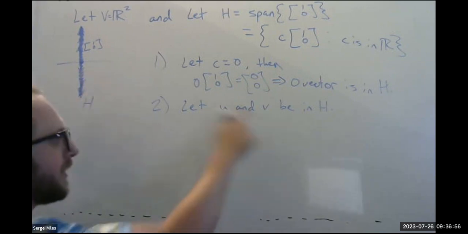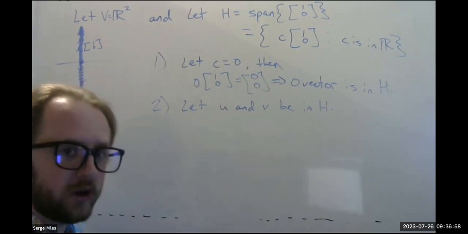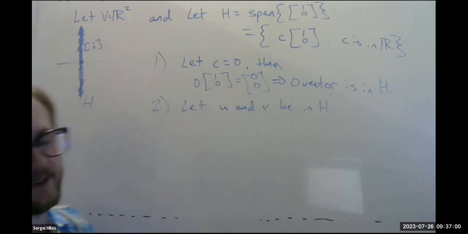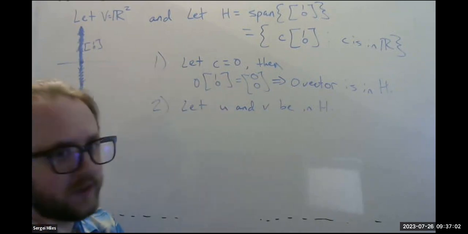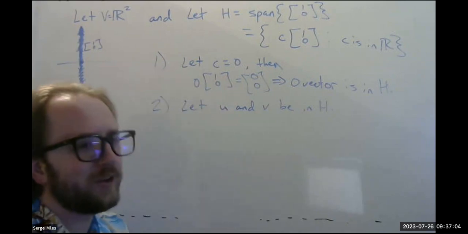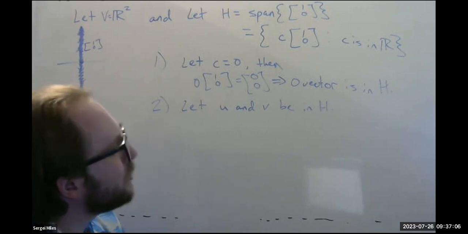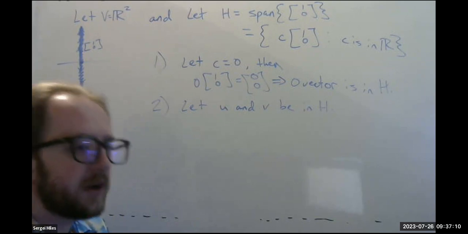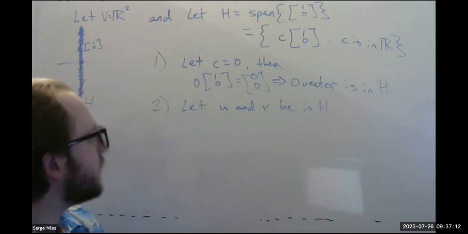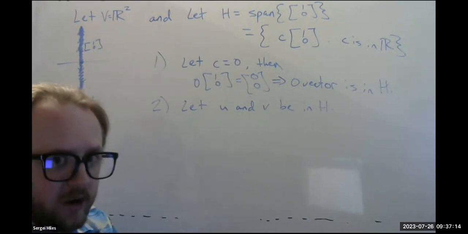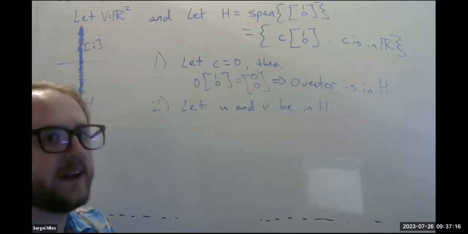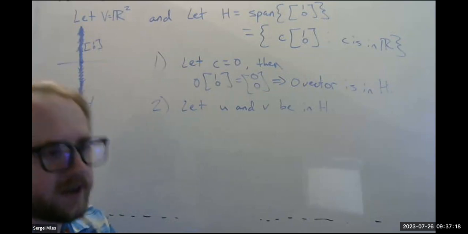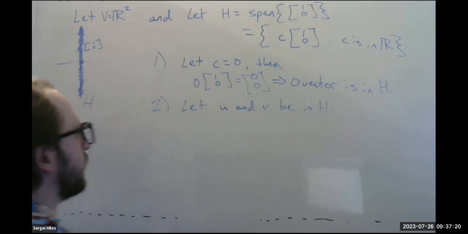I can't just pick examples of u and v which work and say, oh, aha, it's a subspace. No, that doesn't work. If you do that, you will lose points. u and v must be arbitrary because we have to show that no matter what u and v are, if I add them together, it's still in H. So because of that, it has to be arbitrary.